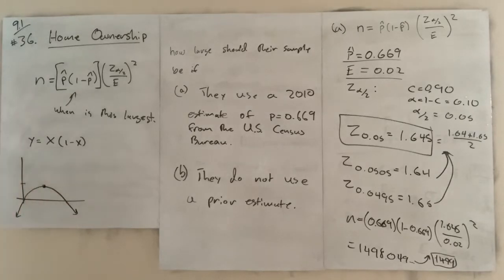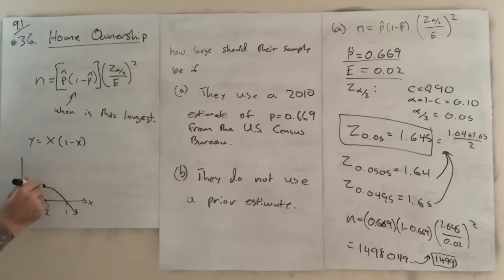And so you want to figure out what that highest value is. Well, with a little bit of calculus, you can find that it's going to happen when x is 1/2. So this is going to be 0, this is going to be 1. You're going to find it when x is 1/2.